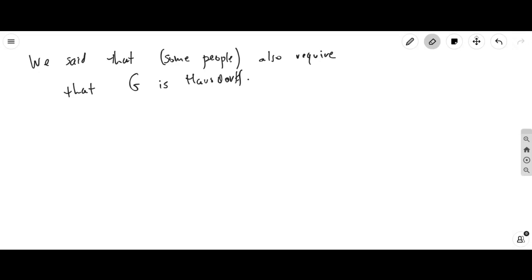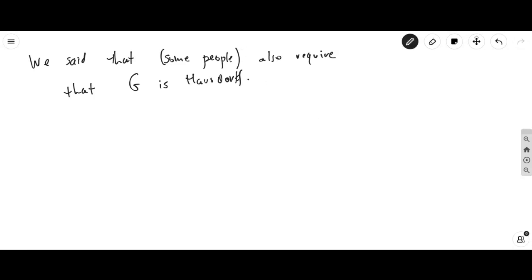But I want to show you a very bizarre example of when that will fall apart. And then some people will tell you that is not a graph. The reason why people want it to be Hausdorff is because when it is Hausdorff, certain nicer properties end up working out. But let me just give you an example.